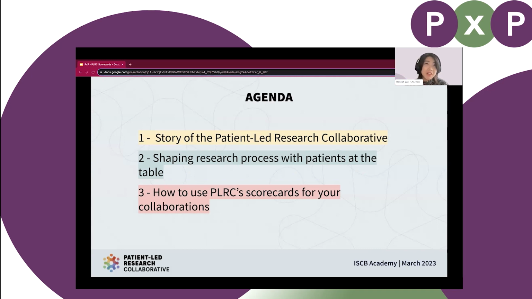Number 2, we'll break down some of the research process that we've discovered to work for us by having patients at the table driving and co-leading research. And then last but not least, we'll take a look at PLRC's resource that we've developed in collaboration with CMSS, the Council of Specialty Medicine. And I'll talk a little bit about how to use the scorecard for your own research collaborations, whether you're a patient or an organization.